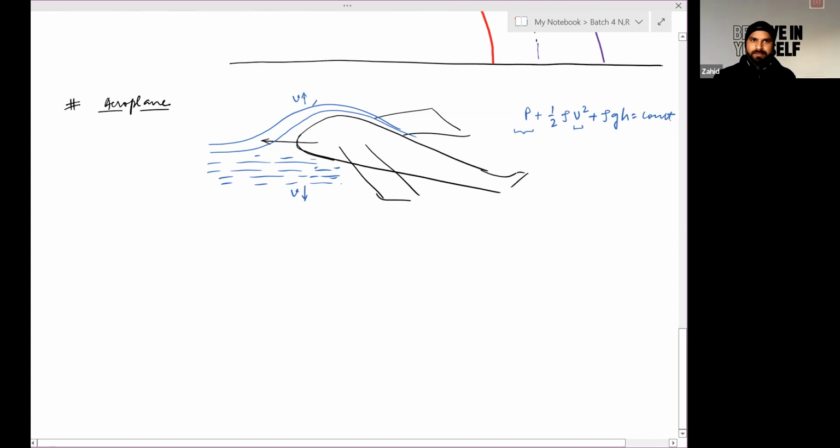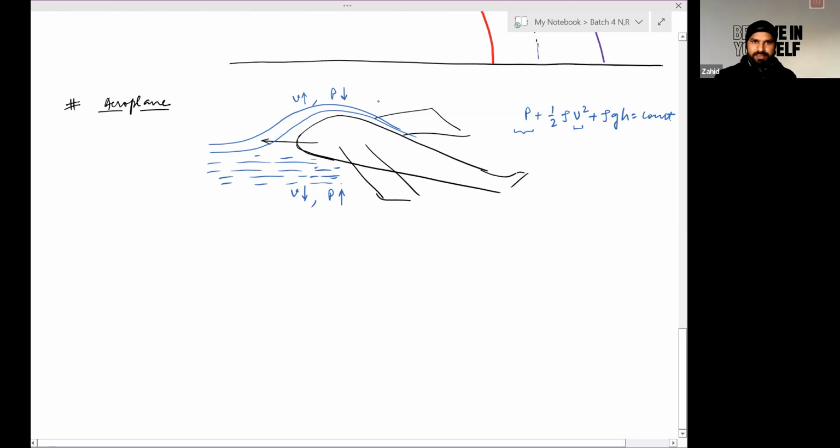At the upper end, velocity is increasing, so pressure must be decreasing. Similarly, at the bottom end, due to decrease in velocity, pressure will increase. Now, this pressure difference is enough to hold and uplift the whole plane. So we can calculate the amount of upliftment, or pressure difference, related to Bernoulli's principle.